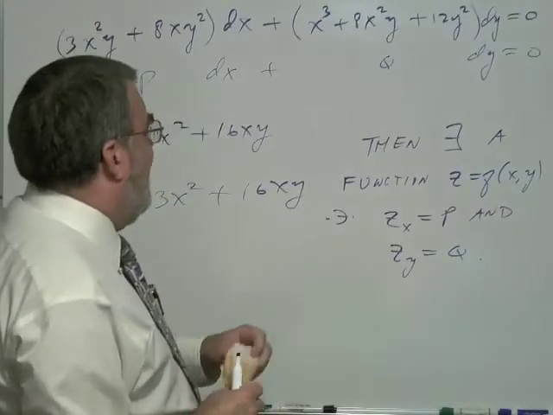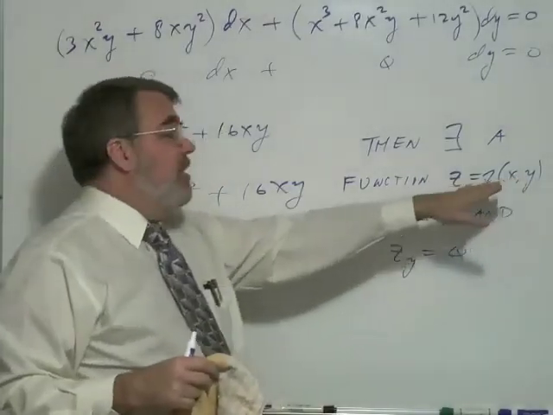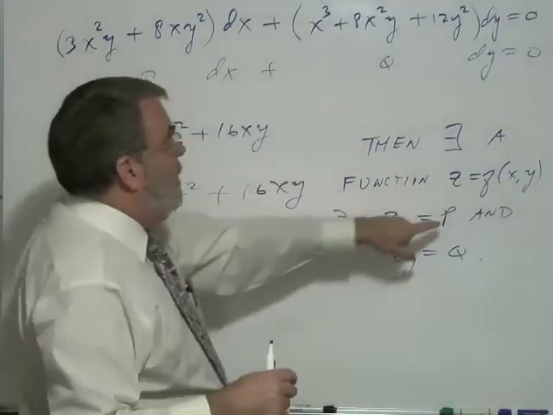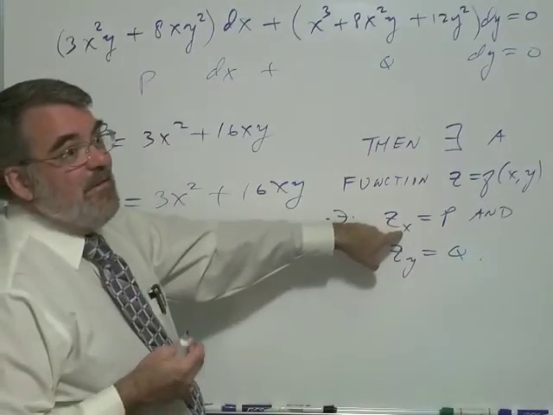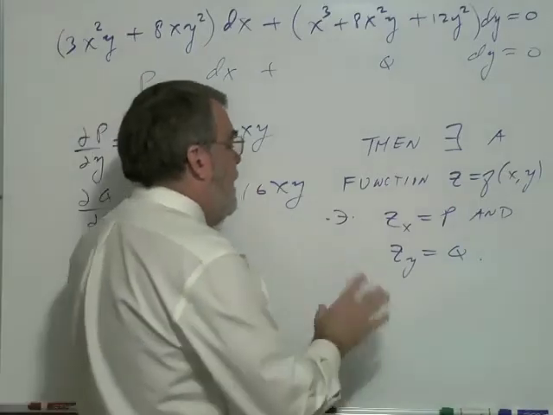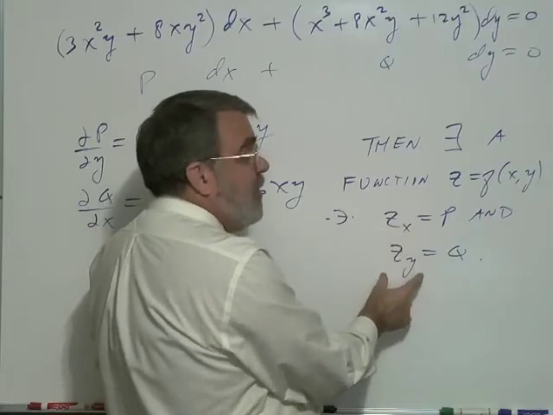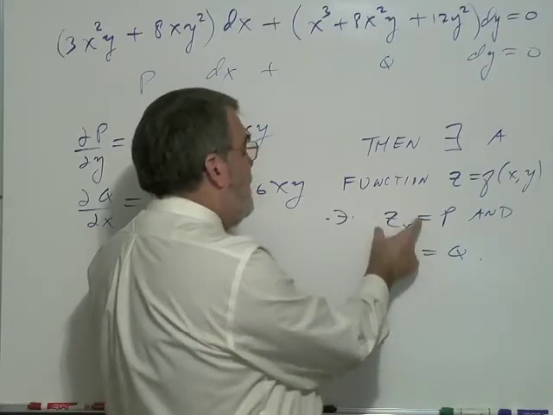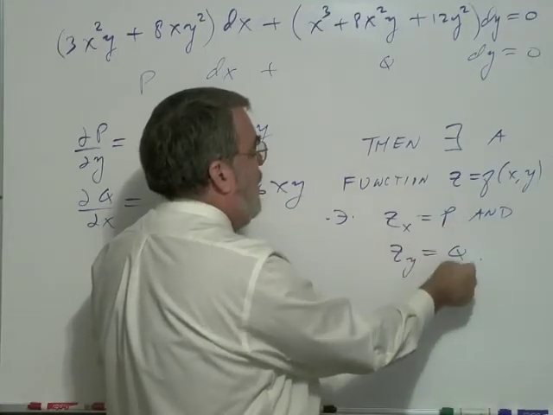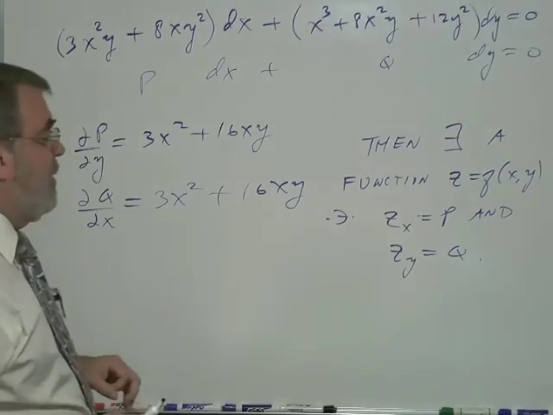The idea is that because this is true, that implies that there was a function up here such that p came from the first derivative with respect to x of that function and q came from y. Because, again, if I now take this partial with respect to y and this partial with respect to x, they're supposed to be equal, right? Mixed partial derivatives are equal regardless of the order. And this would be py and qx. All right, we verified all that.